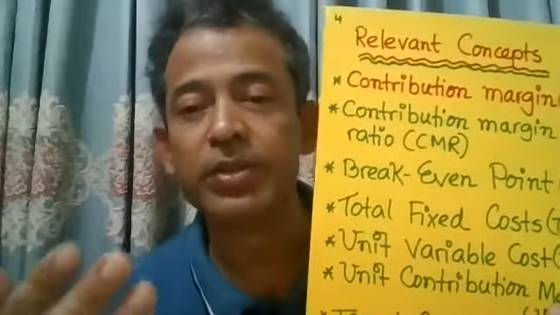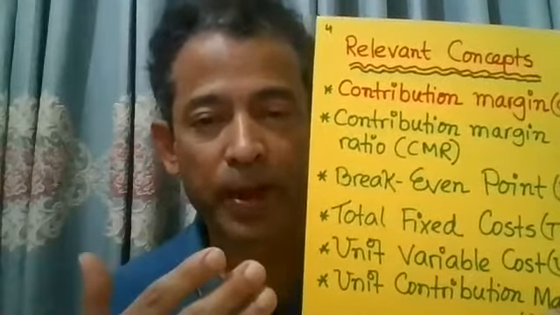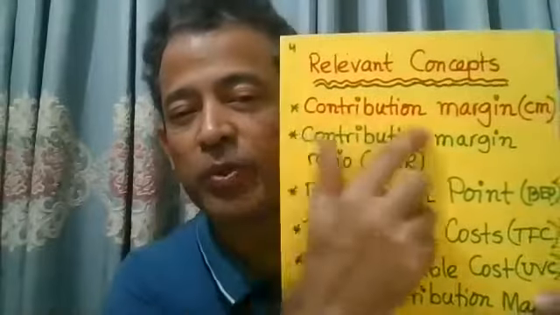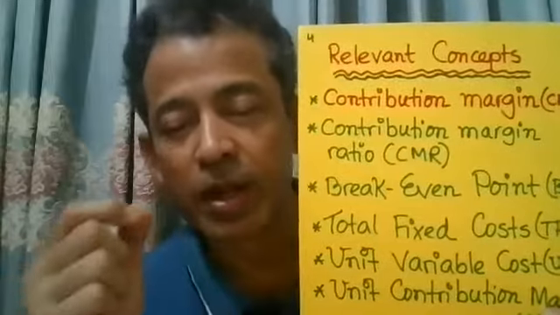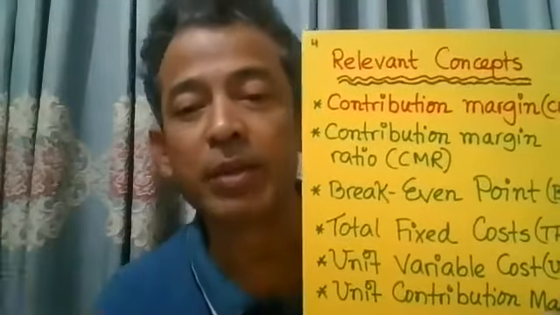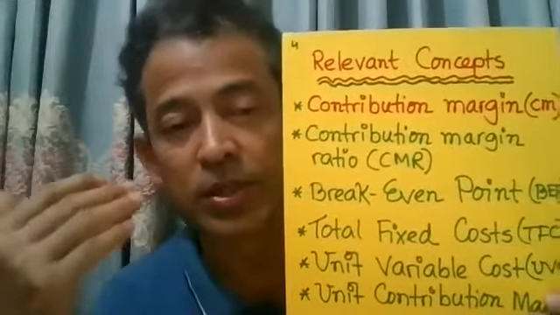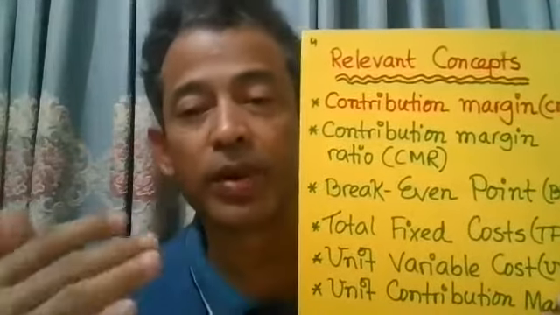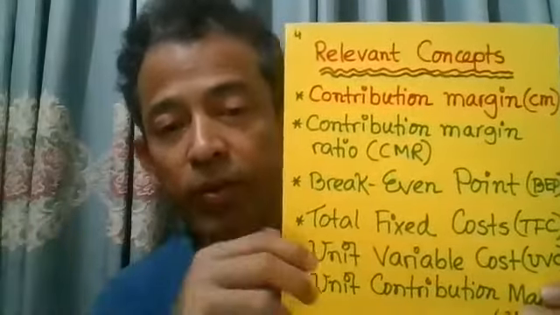So at a unit level, it is the difference between unit selling price and unit variable cost. Okay, so if you qualify the words contribution margin by unit, if you call it unit contribution margin, then it will be unit selling price minus unit variable costs. If you drop the word unit, if you just say contribution margin, then at any level, contribution margin is sales minus variable costs, or revenue minus variable costs.